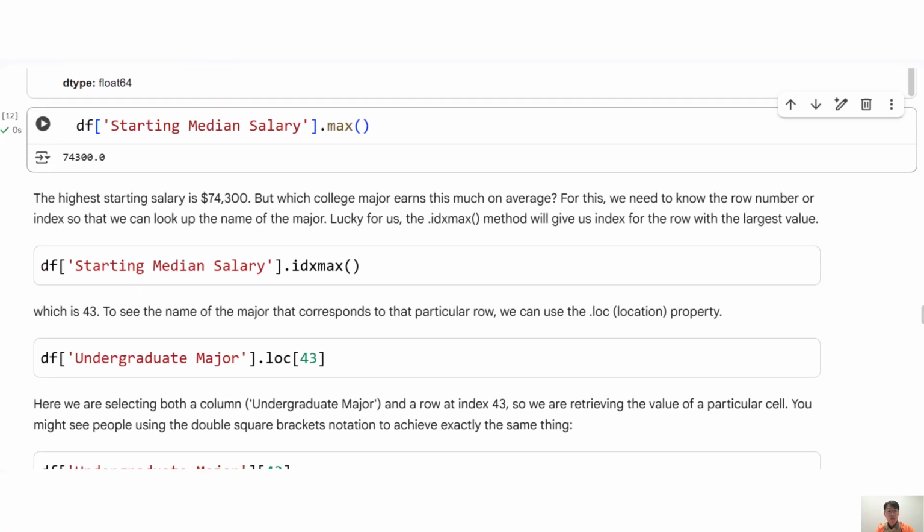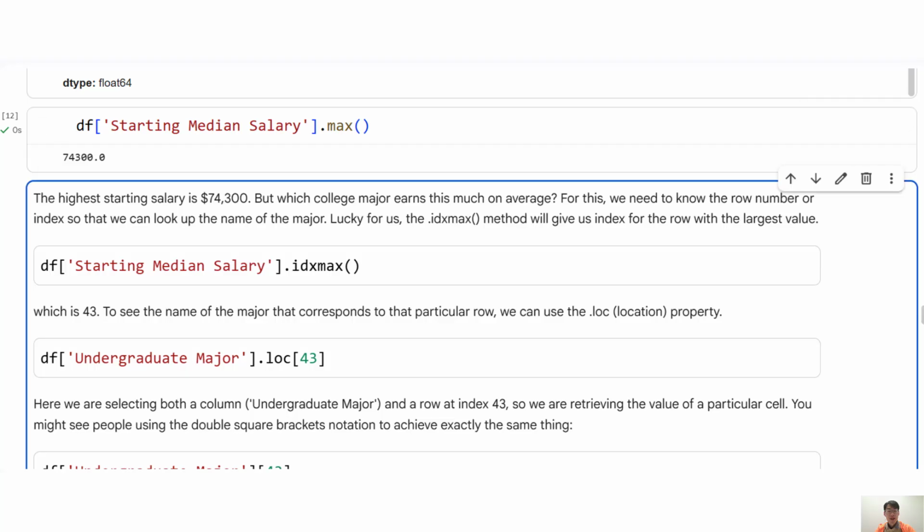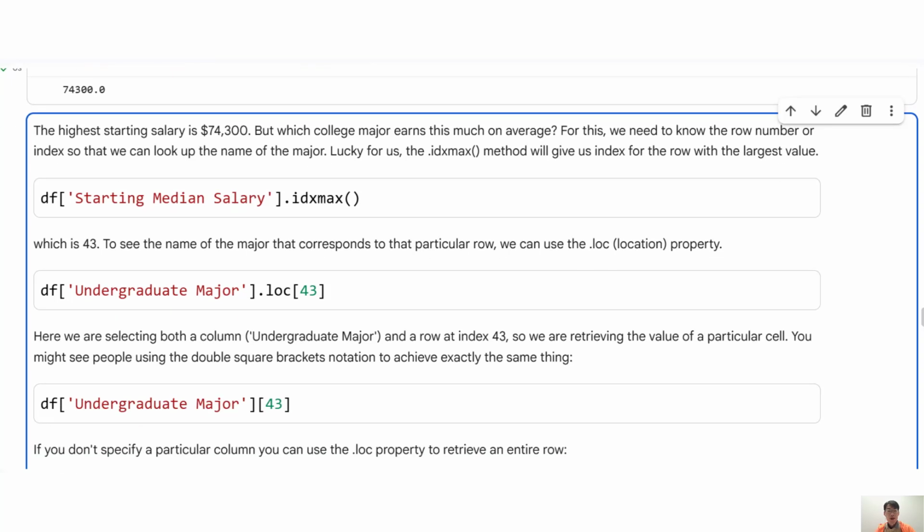So I can scroll down and use idxmax to locate the index of the row. Once we get the location, we can put the location to loc. So this is basically an attribute with a list of values.